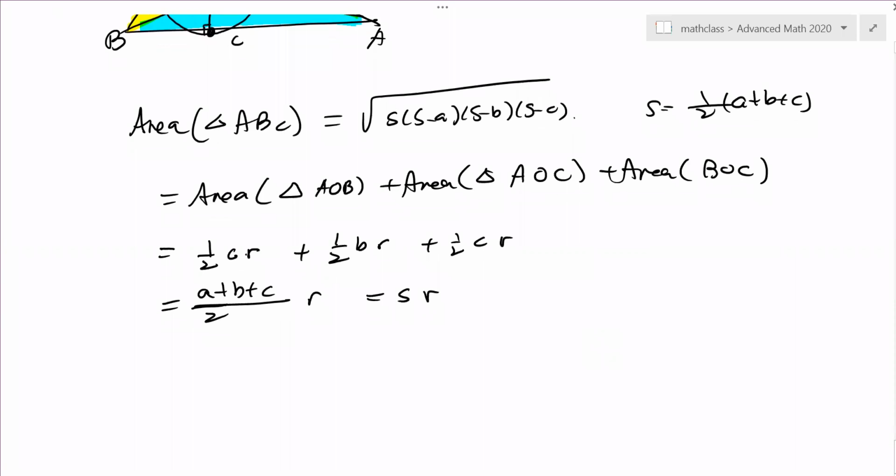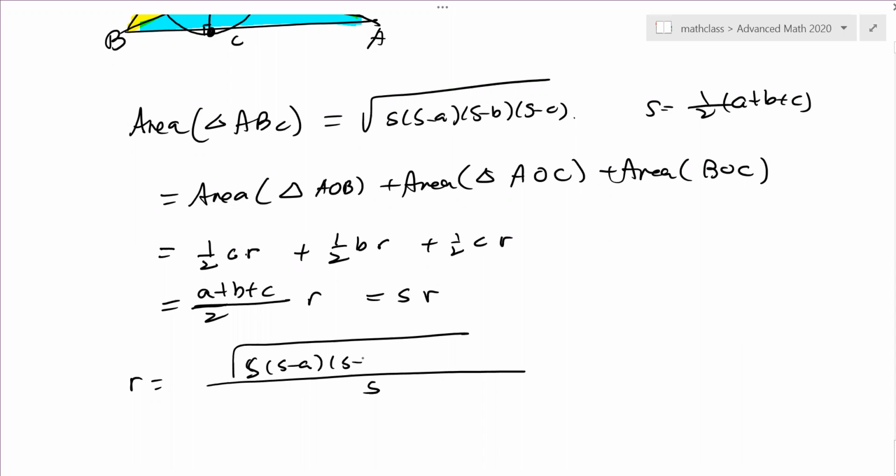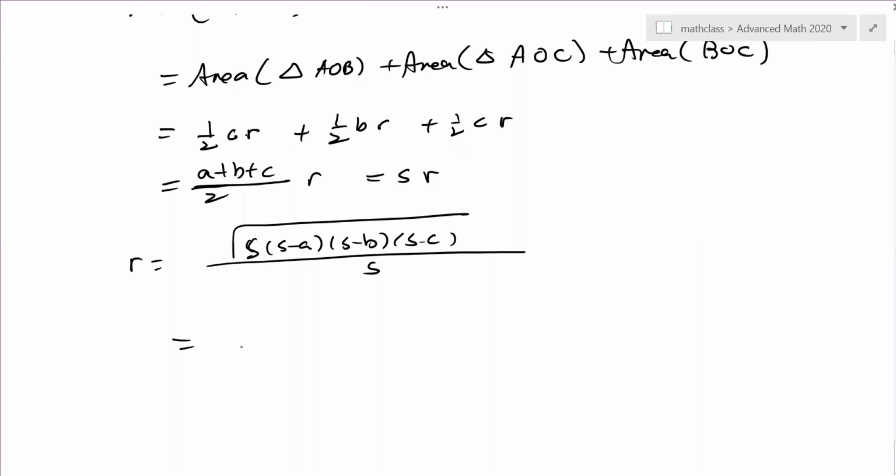So now you find the radius. Radius is going to be the square root of S minus a, S minus b, S minus c over S. If you move S into the radical, you get S over S squared. So you can get a very general formula.